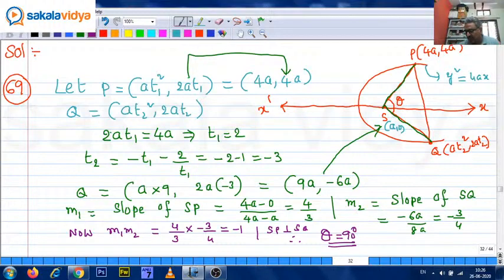One more thing, its converse is also true. Please remember, the converse means: if the normal at P to the parabola y square is equal to 4ax meets the parabola at Q and subtends a right angle at the focus, then the foot of the normal is (4a, 4a).